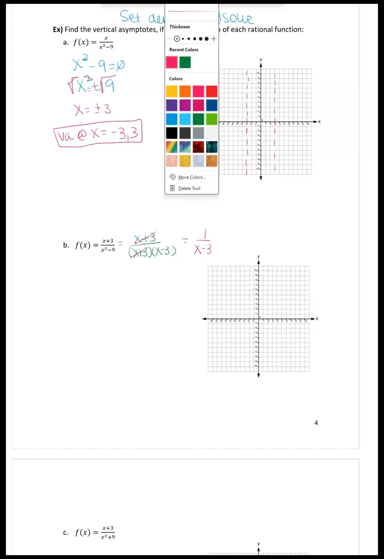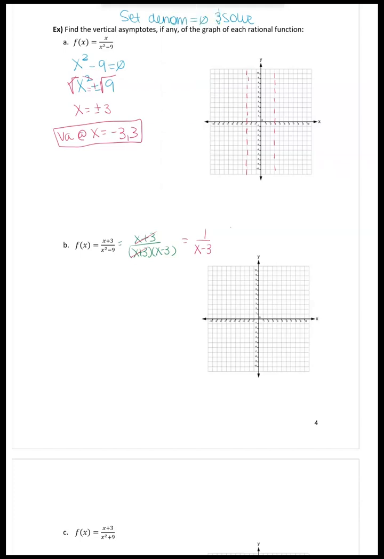Now let's stop and talk about this, because when there's cancellation, there's always a hole at x equals a, at the factor that we canceled.